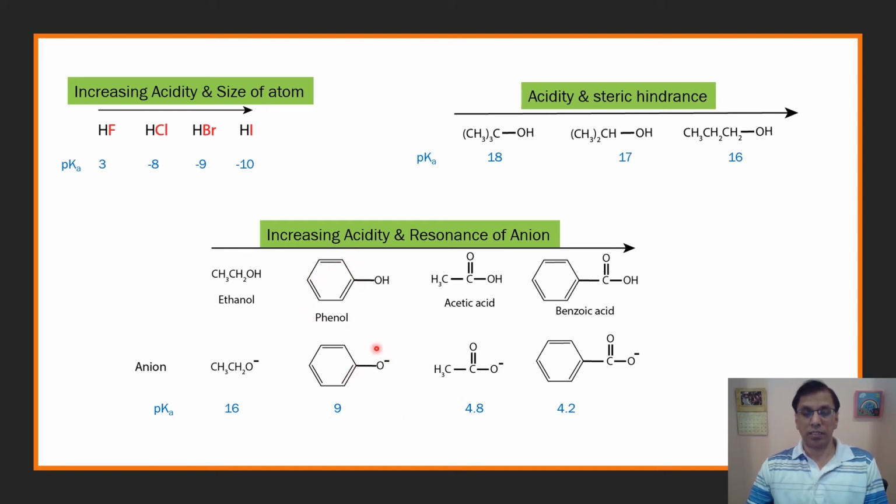In phenol, there's only 1 oxygen and the delocalization of electrons on the carbon atom is less effective than that in acetic acid. In the case of benzoic acid, again, there are 2 oxygen atoms and there's delocalization of electrons here.